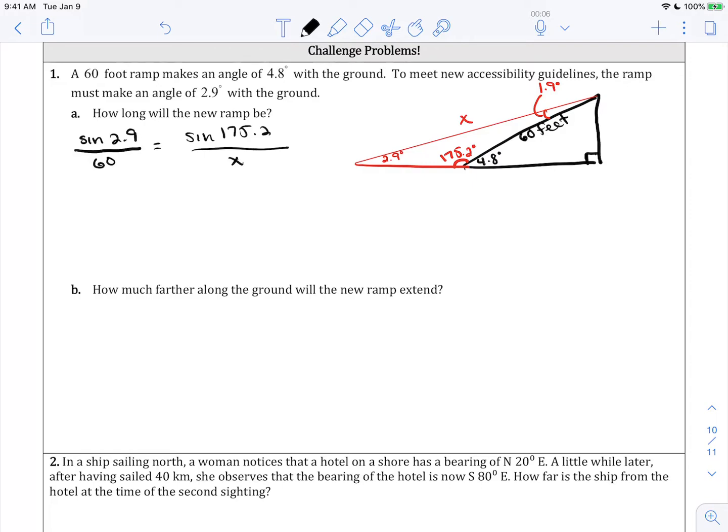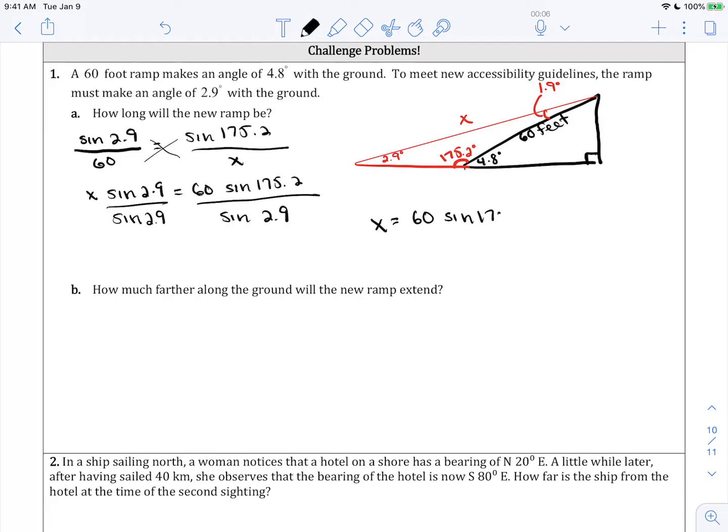Okay, I'm going to cross multiply here. So I get x sine 2.9 equals 60 sine 175.2. I want just x by itself, so I know I have to divide by sine 2.9. And I get x equals 60 sine 175.2 all over sine 2.9.